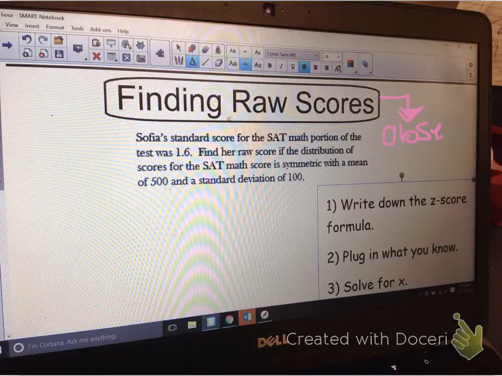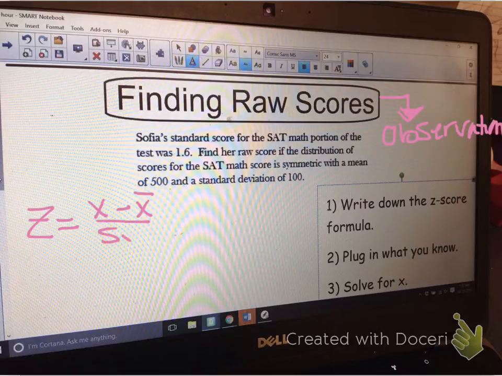When we find the observation, the first thing I want you to do is write down the Z-score formula. So Z is equal to your observation minus your mean divided by your standard deviation. So write down the Z-score formula.